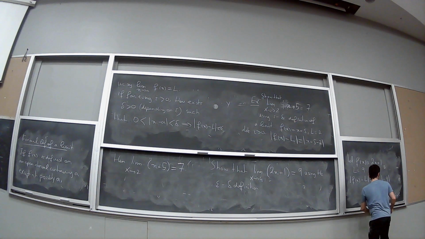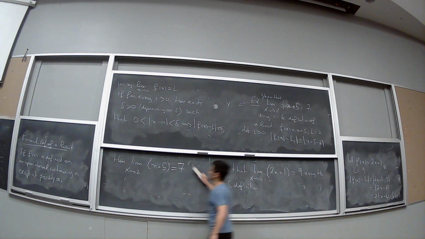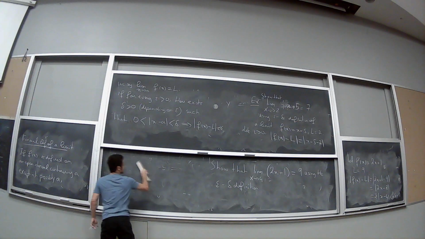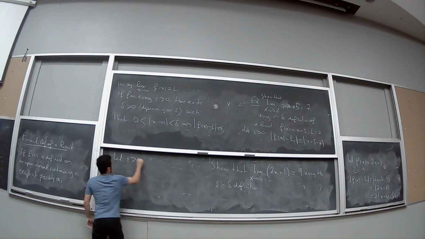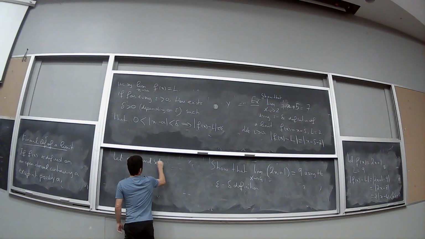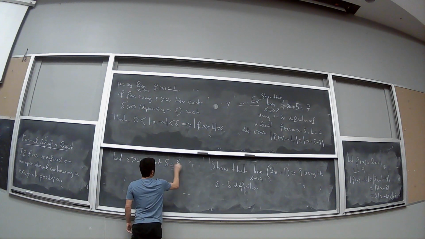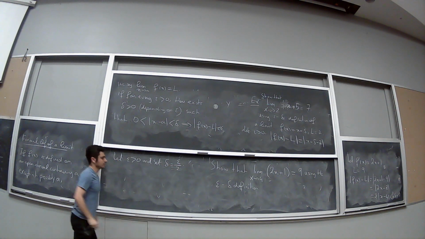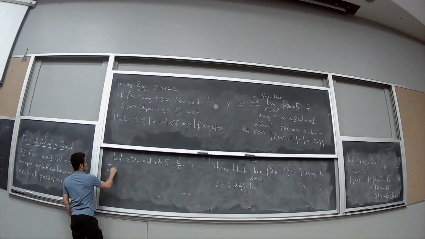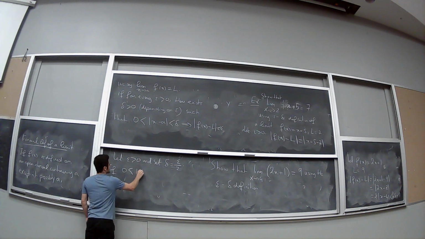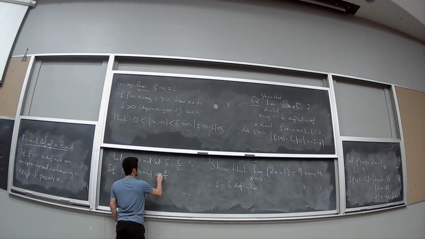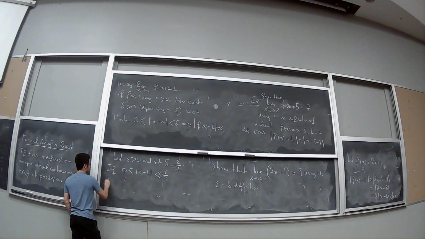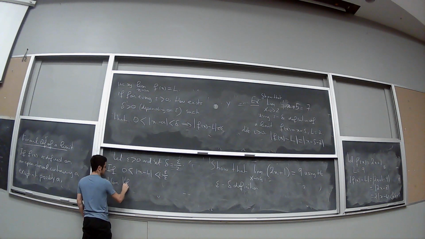Let epsilon be positive, and set delta equal to epsilon over 2. If the absolute value of x minus 4 is less than epsilon over 2, then what can you say about f of x minus L?